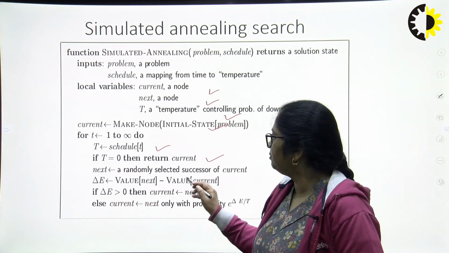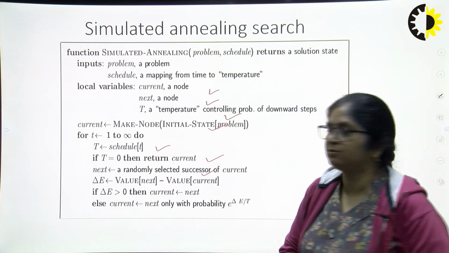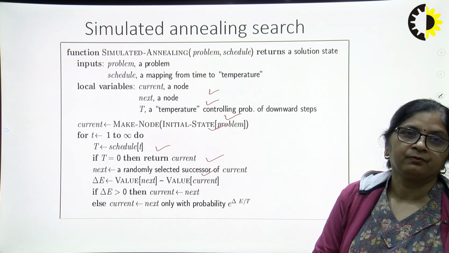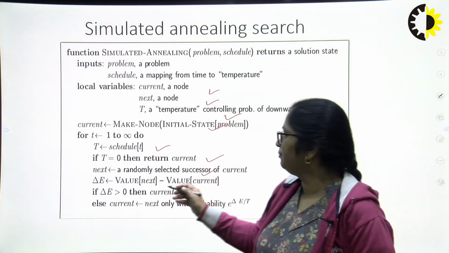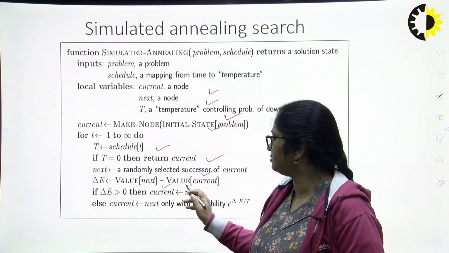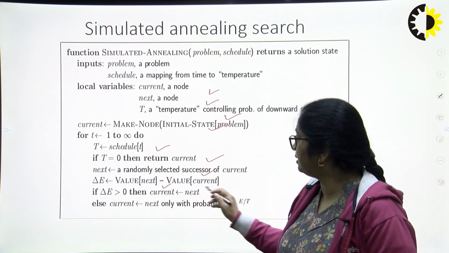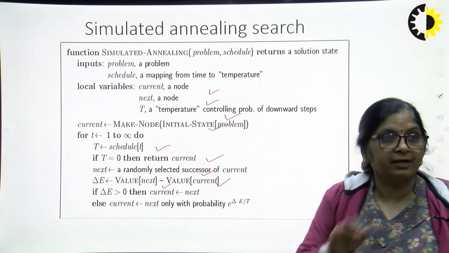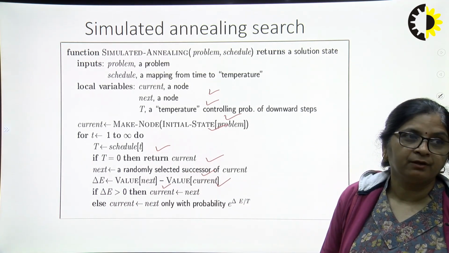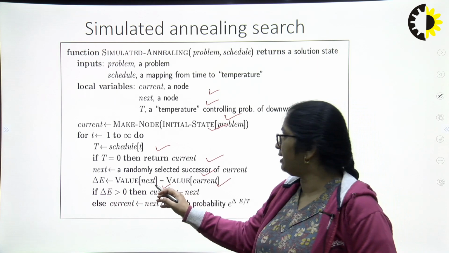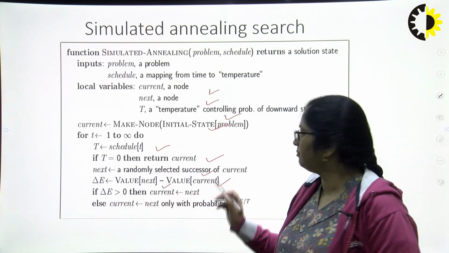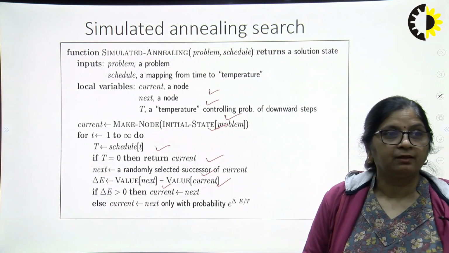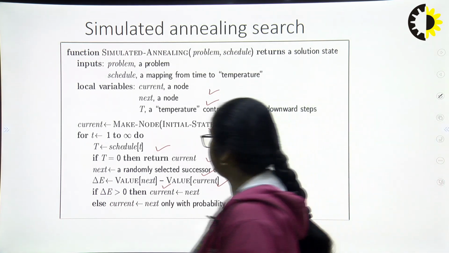Now what will we do? We will take a random successor of current. If the value of that randomly chosen next move is greater than the value of the current, what does it mean?